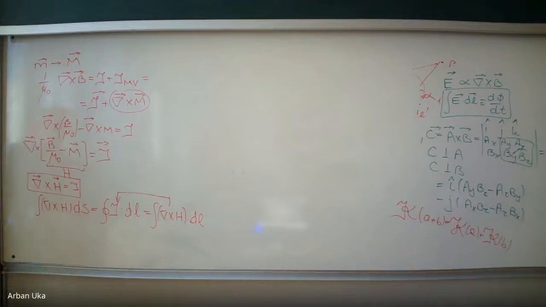Then at this point, if this is J, we can also write the J here, and then we can ask the question: what is the unit of J? This is measured in ampere per meter squared.